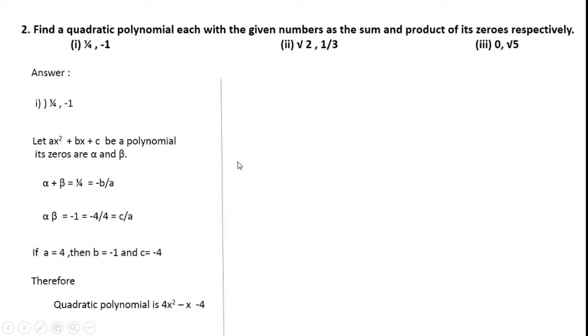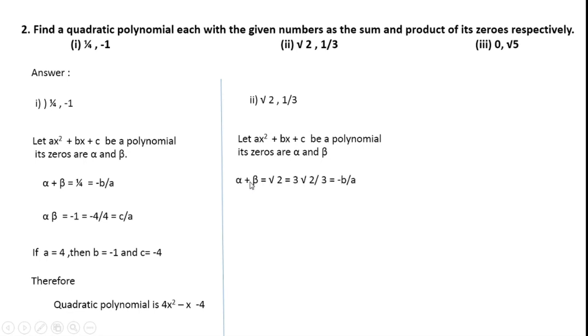The next one, root 2 and 1 by 3. Root 2 is the sum and 1 by 3 is the product. So let us consider the general form of a polynomial ax square plus bx plus c, and zeros are alpha and beta. So the sum of the zeros, alpha plus beta, equals the first one, root 2.